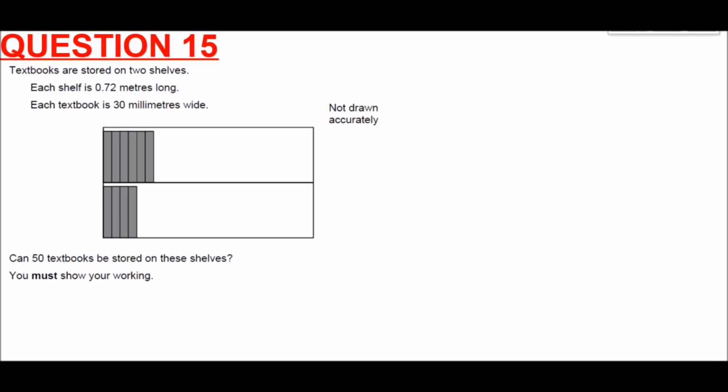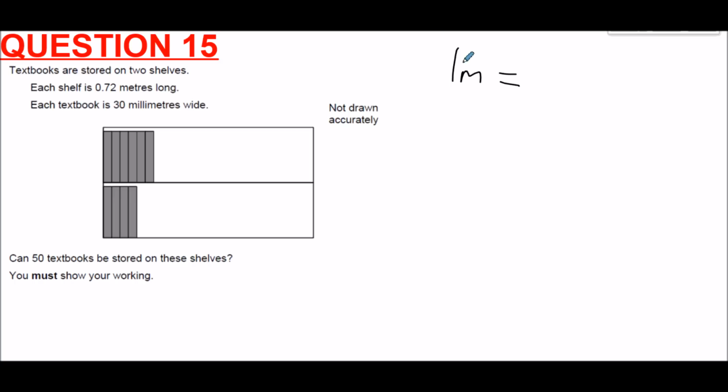Question 15. Textbooks are stored on 2 shelves. Each shelf is 0.72 meters long and each textbook is 30 millimeters wide. And so what we're going to probably notice here is there's a difference in units, meters and millimeters. And so this question is begging us to do a conversion really. So 1 meter is how many millimeters?